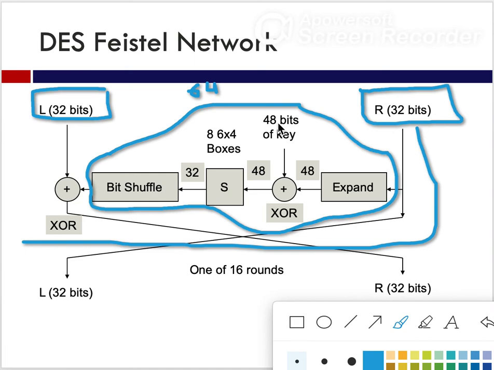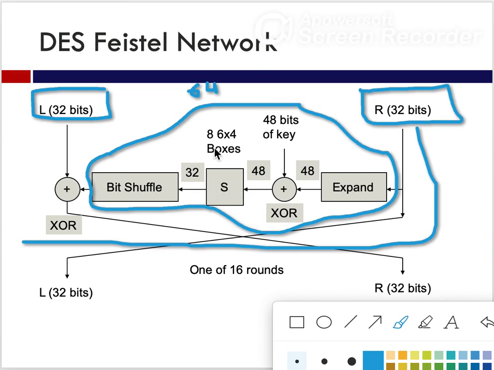The original key is 56 bit, but it is given as input to a key generation algorithm, which generates 16 sub keys out of it, each of length 48 bit. The 48 bit sub key for round 1 is exclusive-ORed with the output of the expansion operation. Whatever you get as output will be 48 bit. These 48 bits are then given as input here to 8 S boxes.